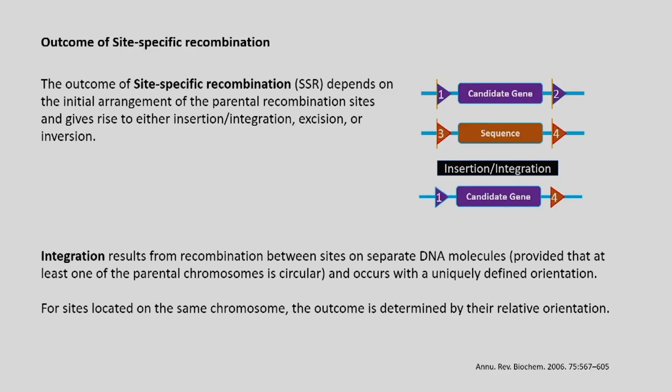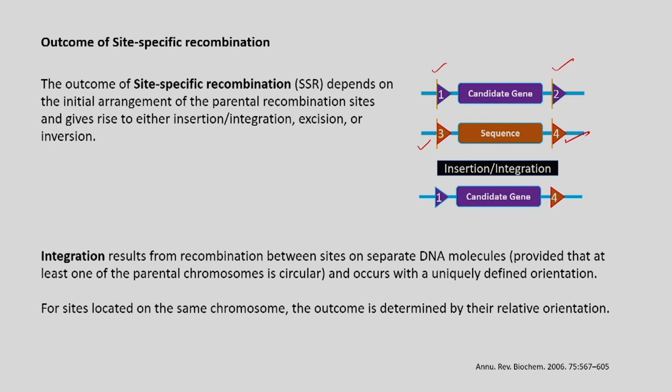You can see in this figure there is a candidate gene and then there is a sequence of interest. The candidate gene is flanked by some genetic sequences 1 and 2, and the target sequence is flanked by sequences 3 and 4.